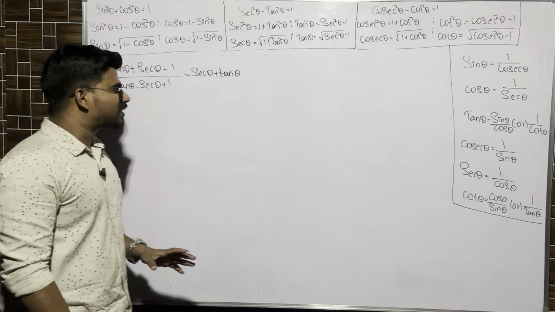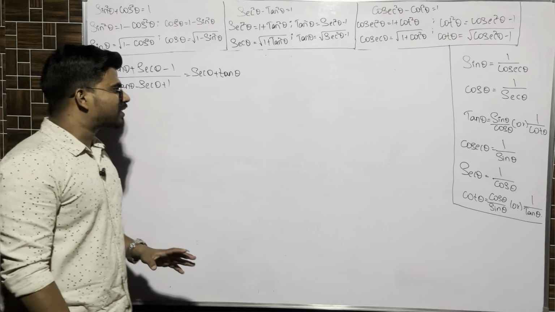Clear? Understood? One more example: a plus b minus a plus b into a minus b. What is common? A plus b. If I take a plus b as common, I'll have 1 minus a minus b. Next step, I'll have to multiply minus inside.